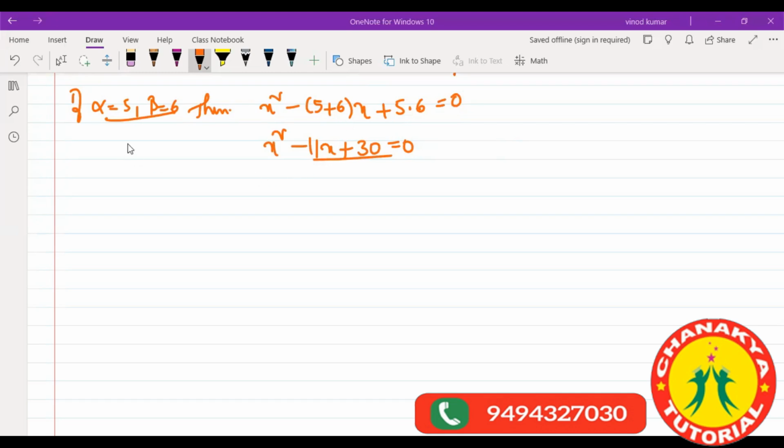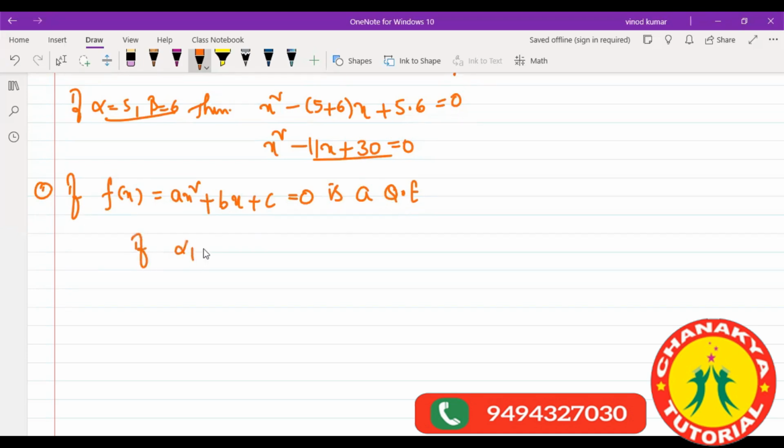Okay, next, suppose f of x equals ax square plus bx plus c. If ax square plus bx plus c equal to 0 is a quadratic equation, QE means quadratic equation, then the equation whose roots are the reciprocals of the roots of f of x equals 0 is f of 1 by x equals 0.